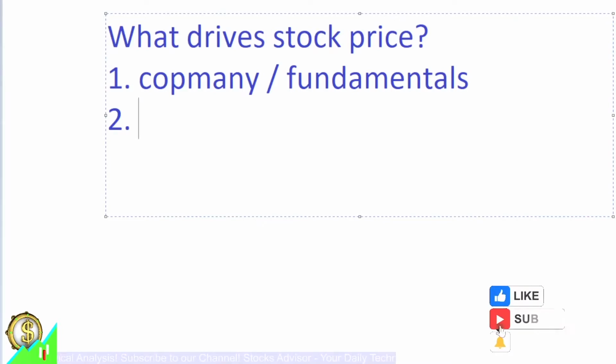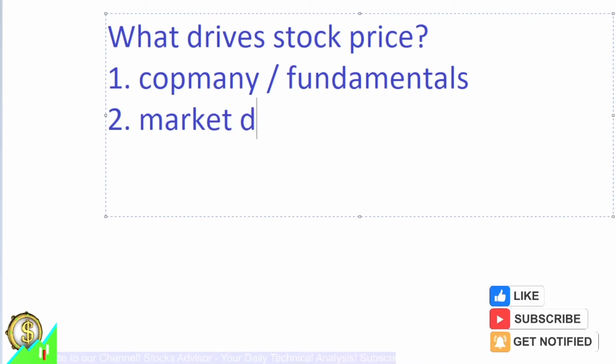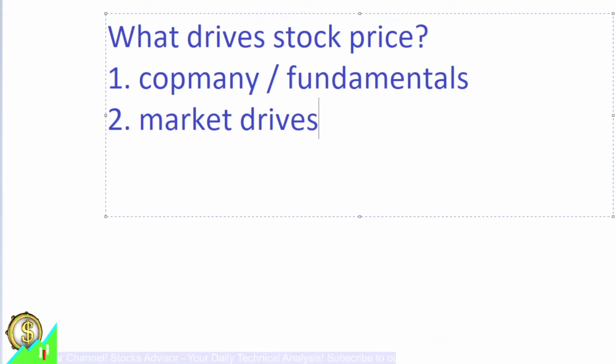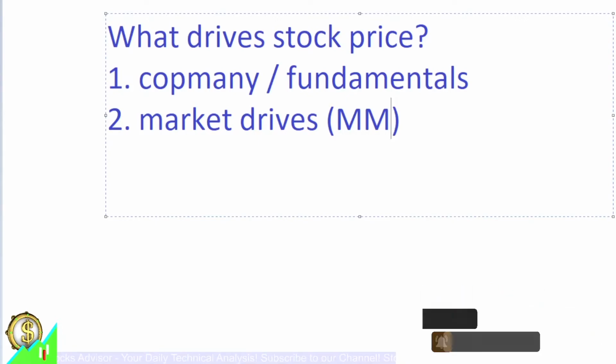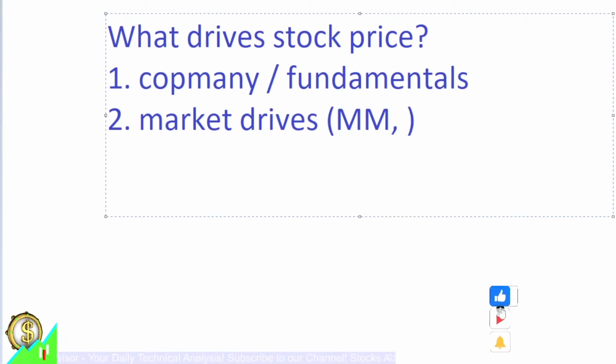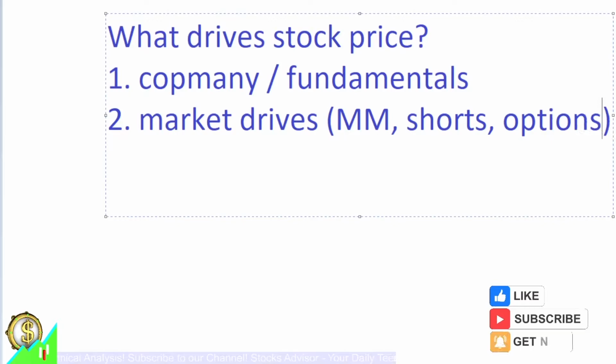The second thing that might drive your price up or down, that can dominate on your price formation, is so-called market drivers. These could be many things. These could be market manipulations, upwards, downwards pressures, could be short interest, could be options, could be all other indirect, not completely technical methods that can drive your price.